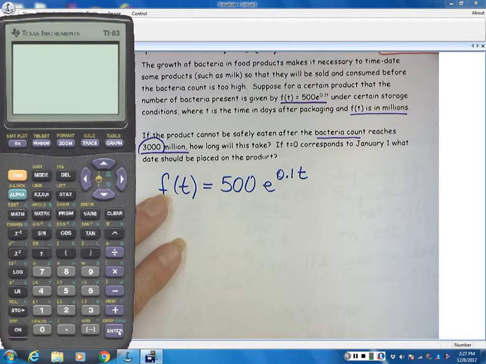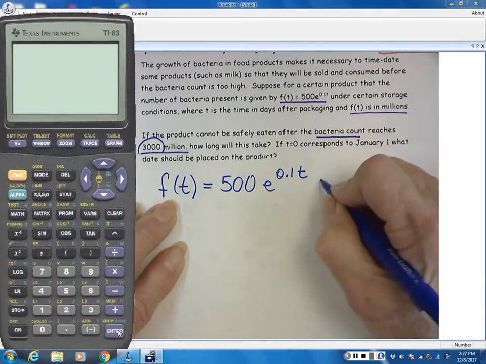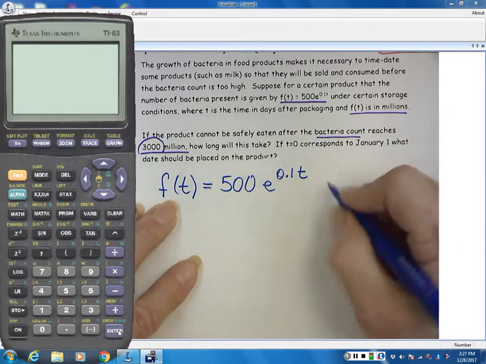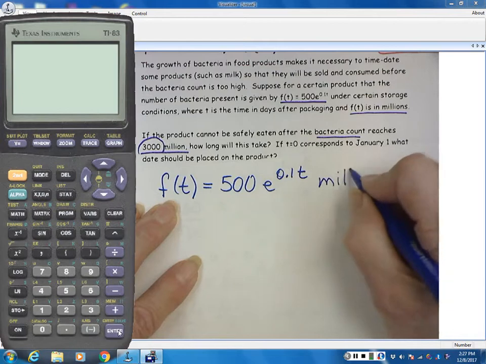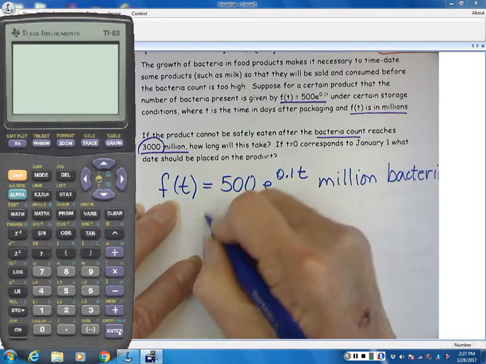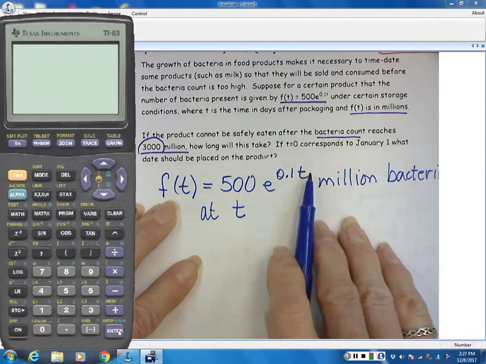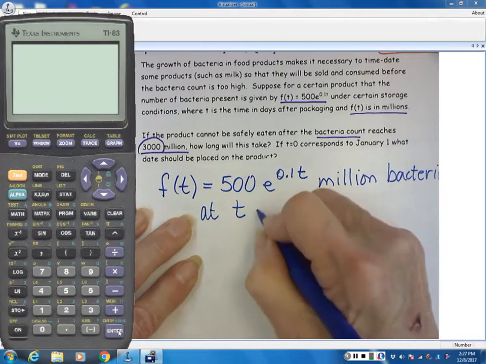And this is the number of bacteria in millions. So it's 500 e to the 0.01 t million bacteria at t, and t is measured in days.